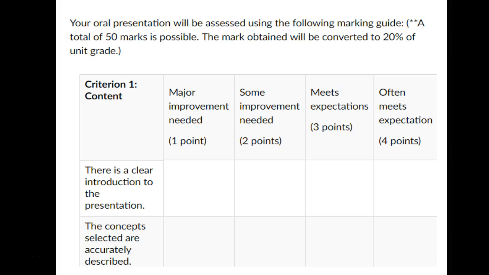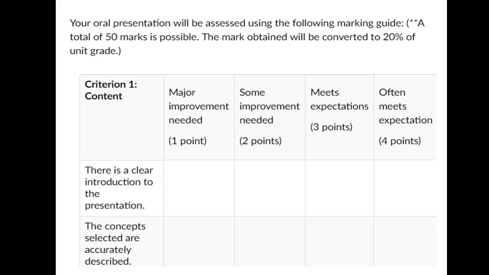Now for your oral presentation, you're going to be marked off a different rubric. So this is our rubric here. It's got two criteria. So you're going to be making sure that you've got a clear introduction to the presentation and that the concepts that you have selected are accurately described. And we're going to be giving you a point system.